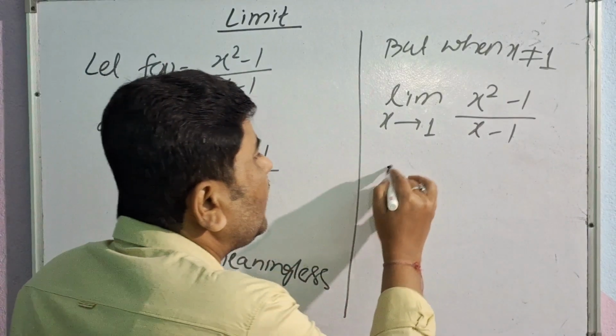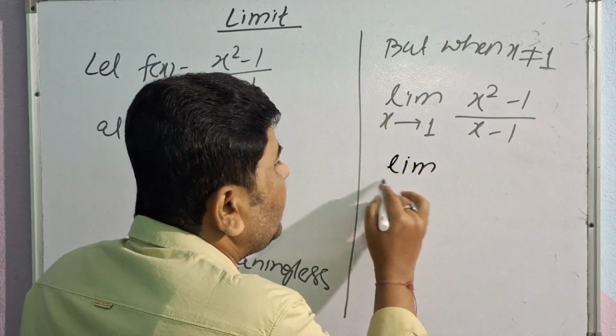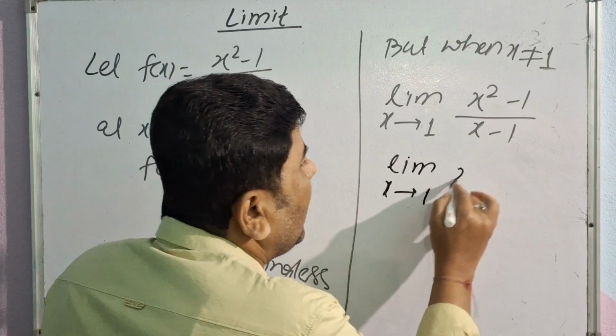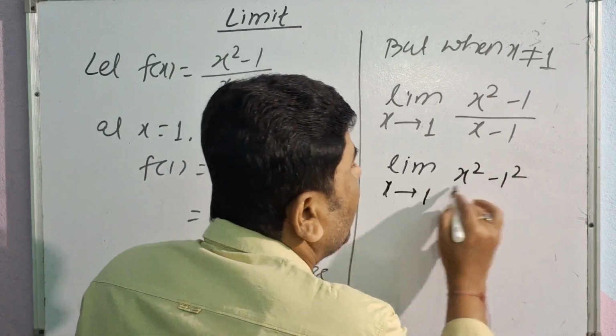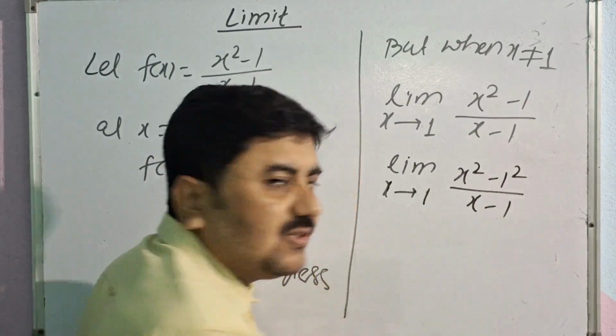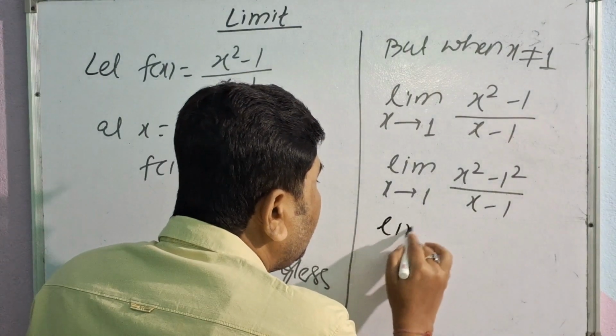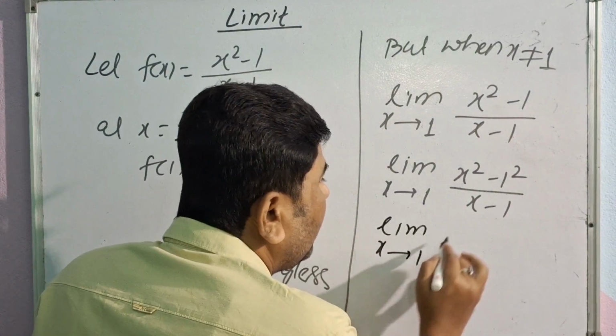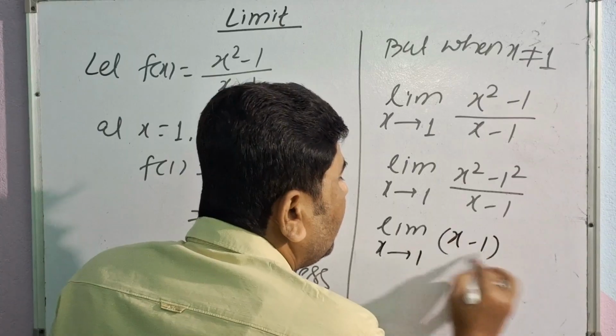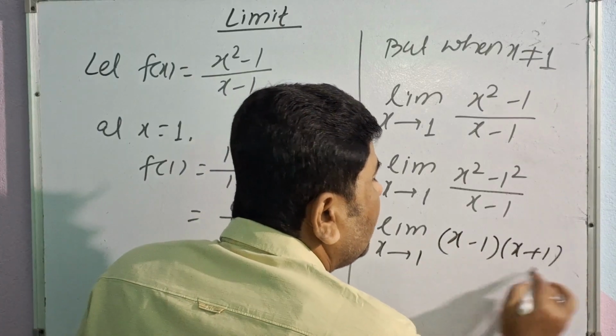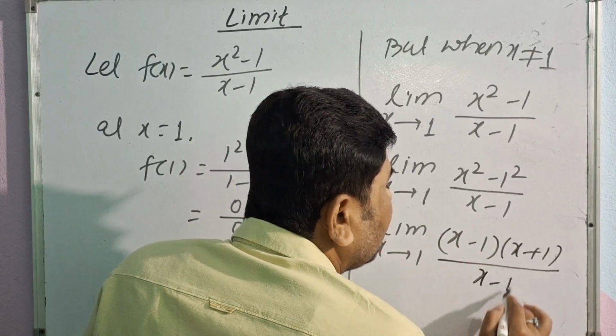Hence, we can write limit x tends to 1, (x square minus 1) upon (x minus 1), and limit x tends to 1, (x minus 1) into (x plus 1) upon (x minus 1).